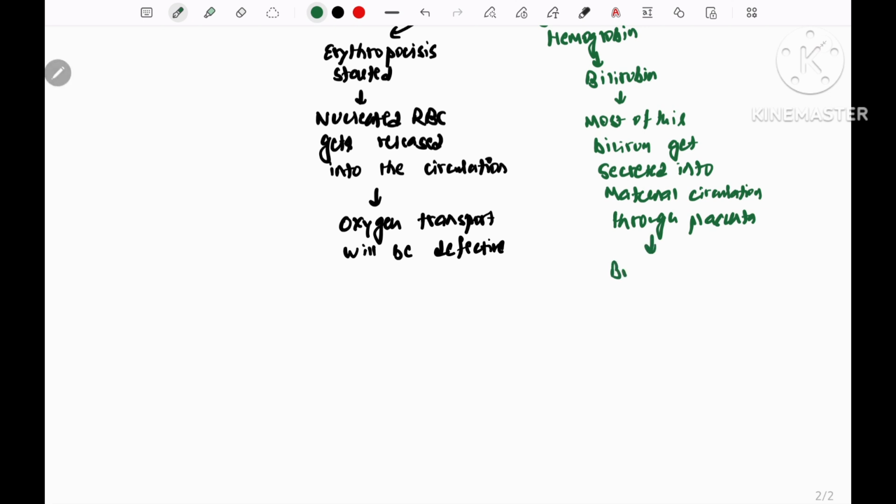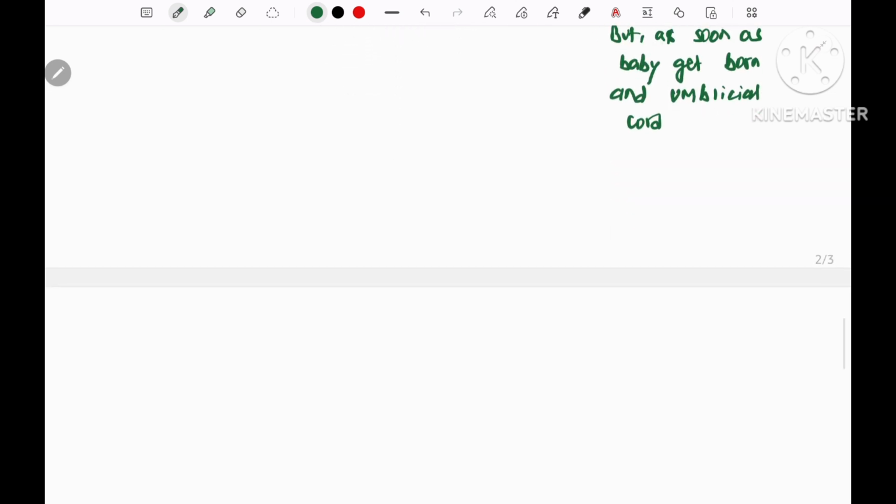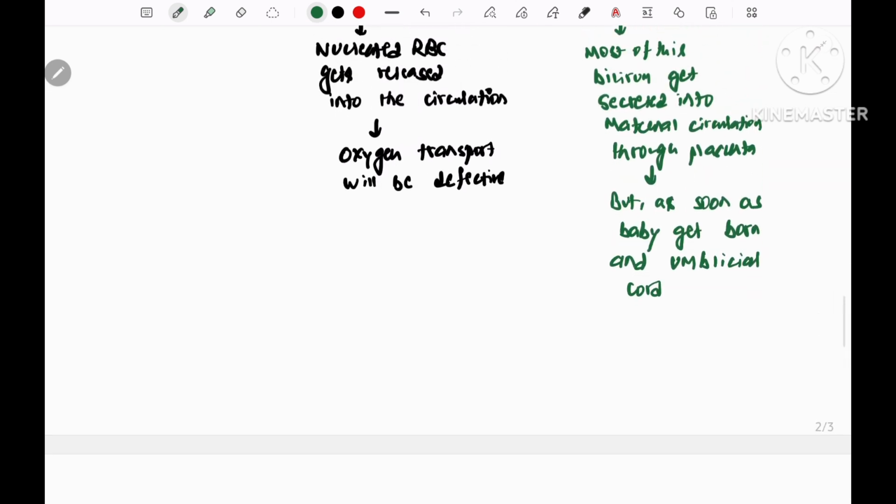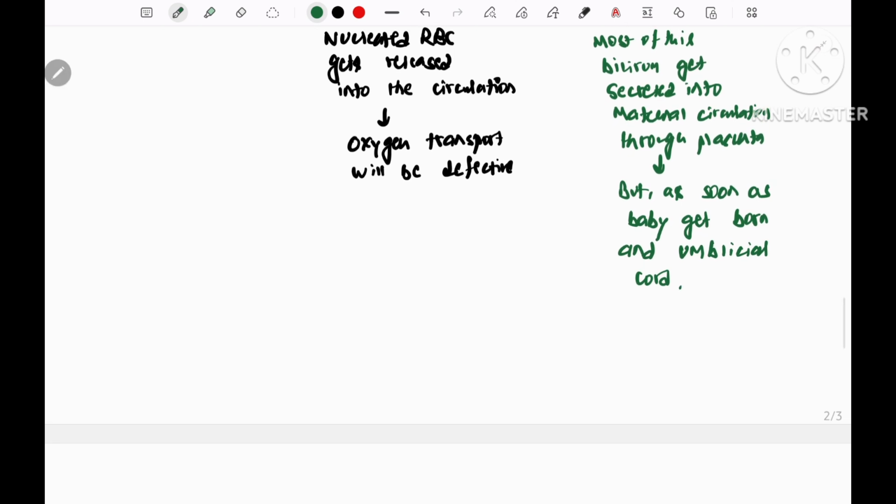But as soon as the baby is born and the umbilical cord is clamped, what happens? Will the transport of bilirubin continue through the placenta? No.